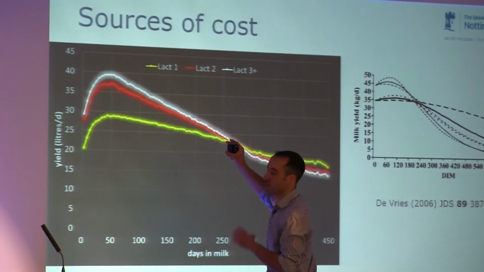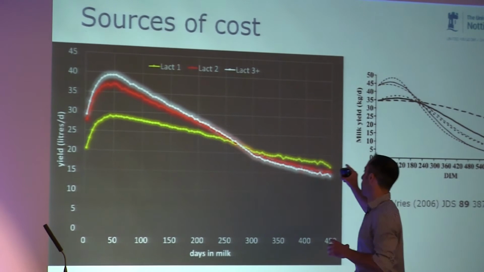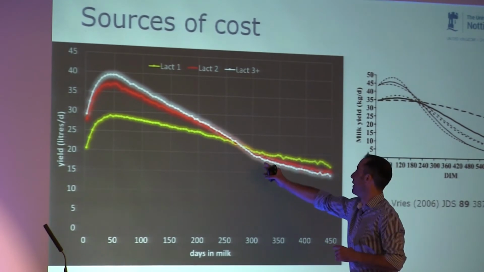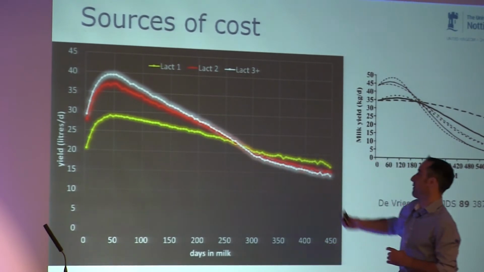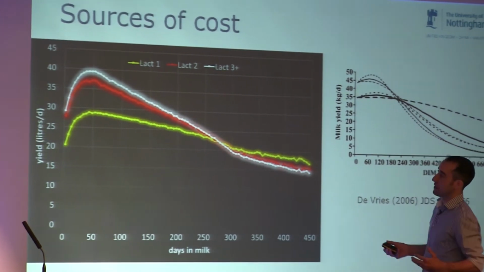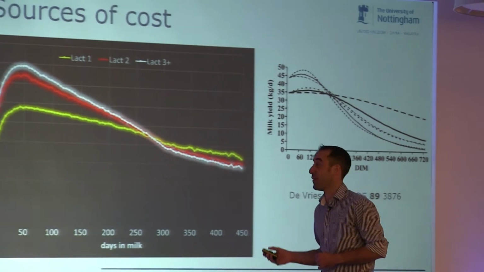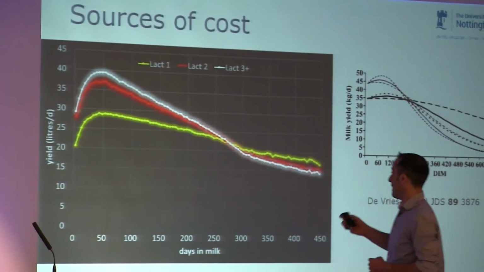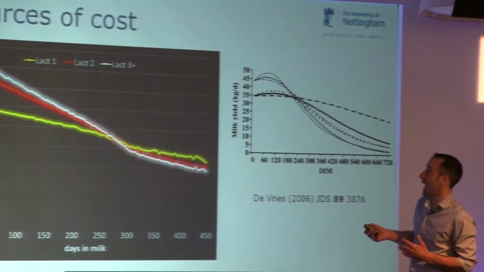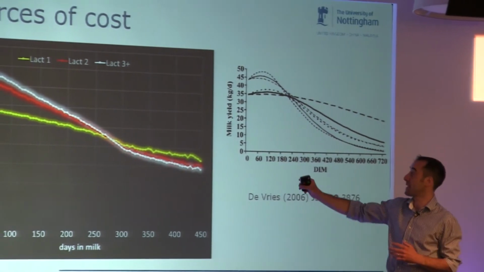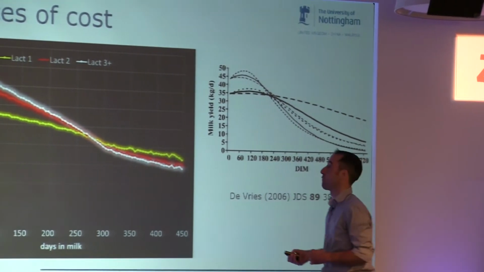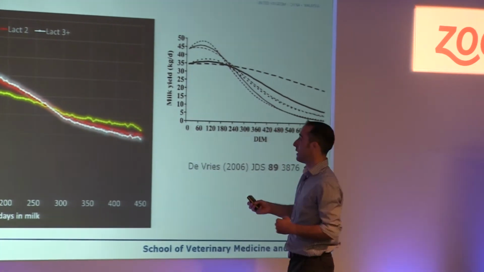So the fundamental reason we try and manage fertility is that we want to minimise the amount of time cows spend out here at the tail end of lactation, where they're stale, producing less milk. Clearly, it's much more complicated than that, and you're about to find out how. Just one thing to highlight is that first lactation heifers do have a lactation curve shape that's significantly different from adult cows.